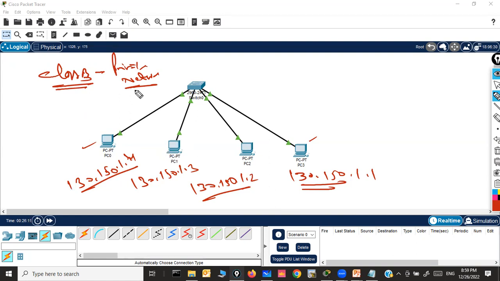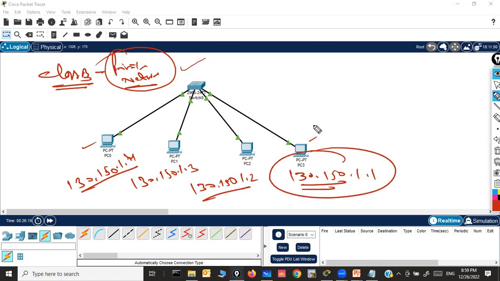No, there has to be a certain reserved range for private IPs for the internal network, because I'm not sure whether this IP is already assigned to yahoo.com or google.com or facebook.com or anywhere. I don't have any idea whether this IP address is already in use or not, right?